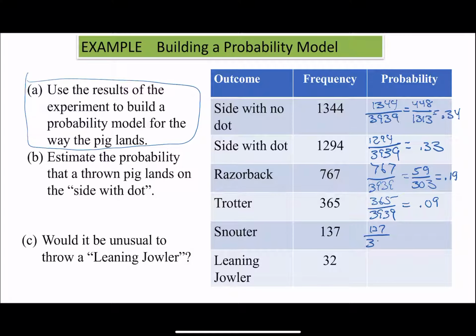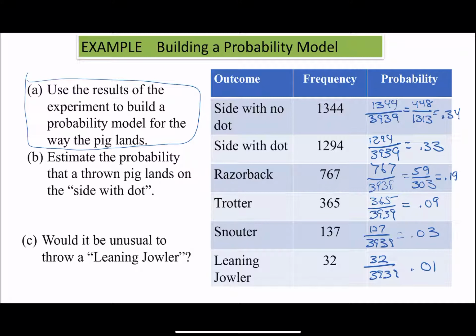Then 137 over 3939, about 0.03, and then 32 over 3939. Does not simplify. That's about 0.01.